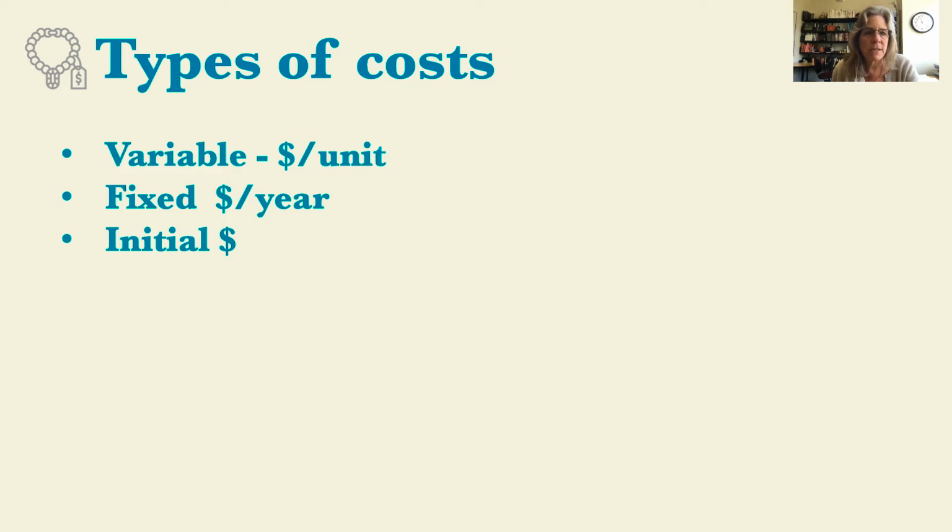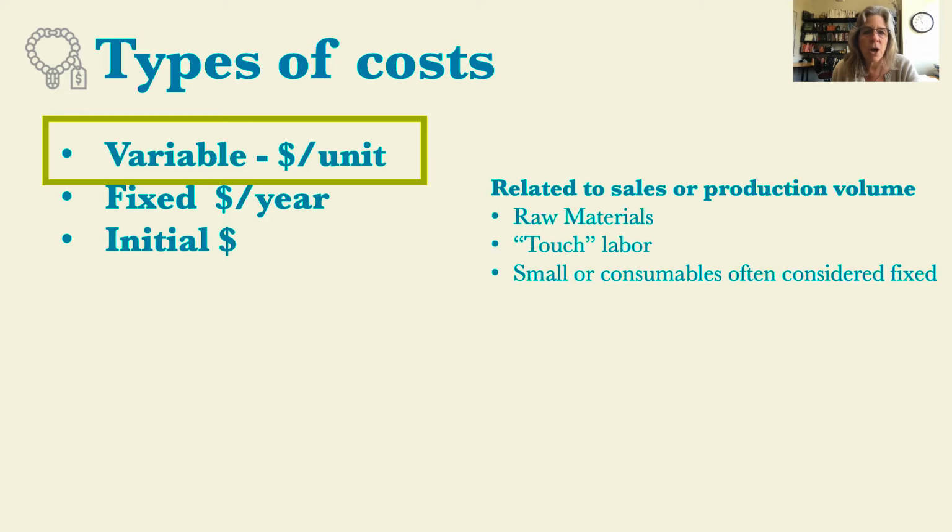The first is variable costs. These costs are related to sales or production volume, which means that for every extra item sold, we will incur a particular dollar amount increase in costs. This would be something like raw materials, where we have to buy the items and then resell them, or touch labor, which is labor that is adding value to the product.